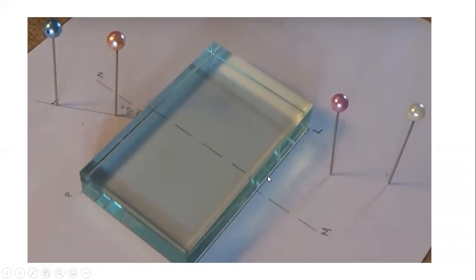In this way you can measure the angle of incidence right here and the angle of refraction right here. After drawing this line, you will get an angle here which is the angle of refraction. Once you know theta 1 and theta 2, you can calculate n, which is n equal to sine theta 1, that is sine of the angle of incidence, divided by sine theta 2, the sine of the angle of refraction, right?